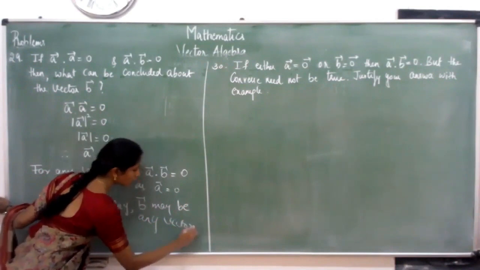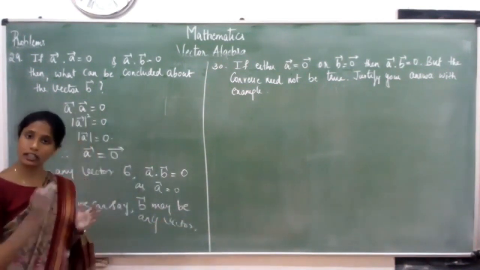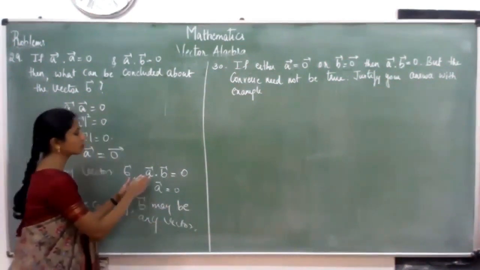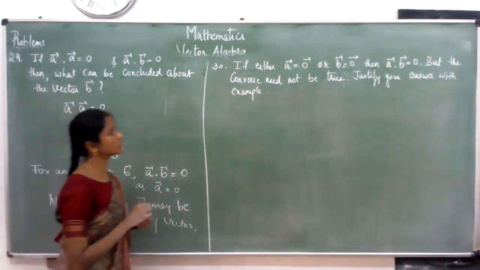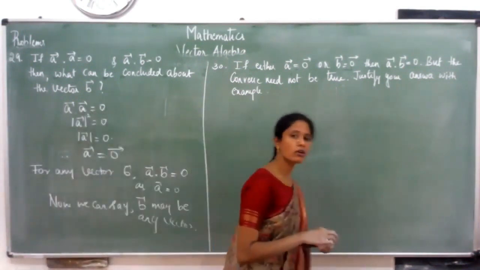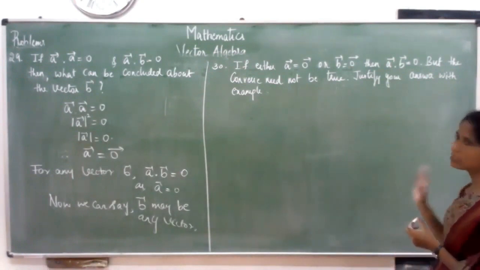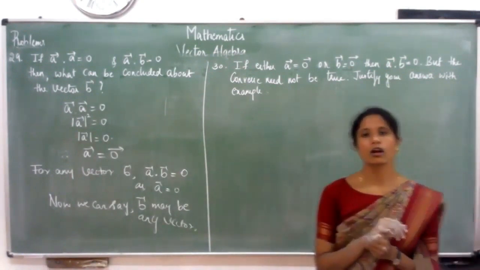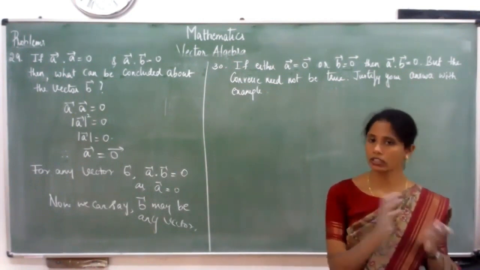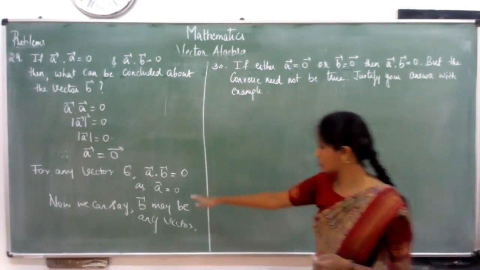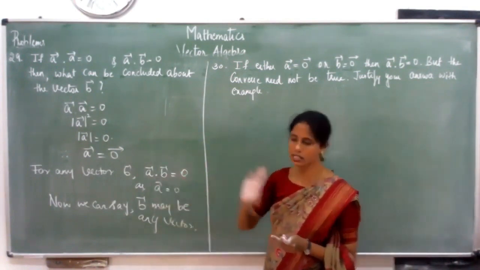It need not be a 0 vector. It can be any vector. Even then, the dot product between A and B will be 0. Next, if either A is 0 or B is 0 vector, then A dot B is equal to 0. This is understood. Why? Because if any one vector is 0, then the dot product will definitely be equal to 0. Just now we have seen that vector A is 0, definitely the dot product is 0.